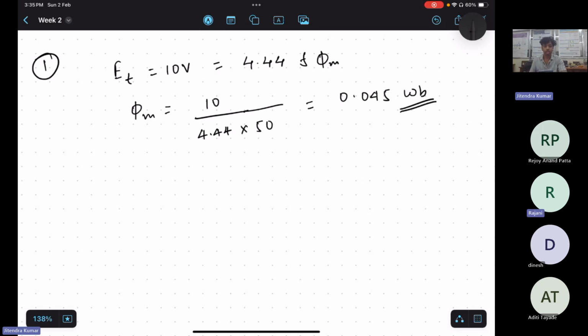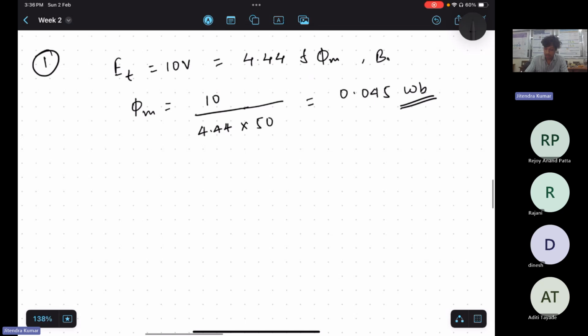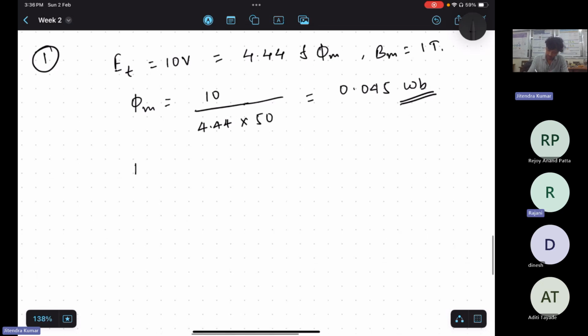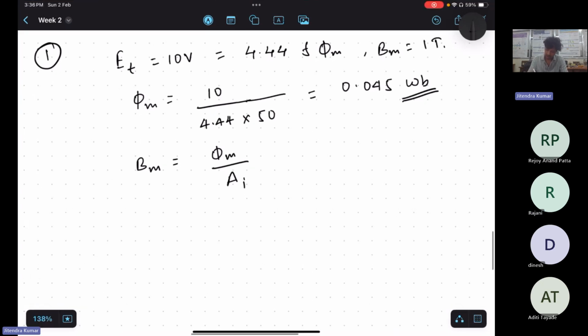Now we are given the maximum flux density, Bm, which is 1 Tesla. So Bm is equal to phi m divided by the area of iron, which is what we need to calculate. So the area of iron equals phi m divided by Bm, which is 0.045 divided by 1 Tesla.